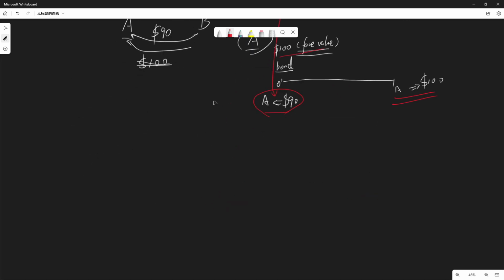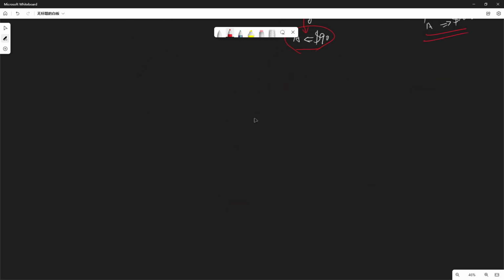Say that bond, that's 100. Let me use a different color. Say that $100 face value amount of bonds was issued at time 0 and was paid at time 1, which is 1 year.